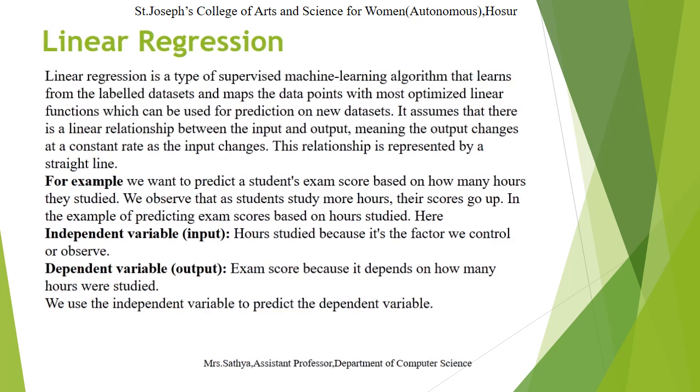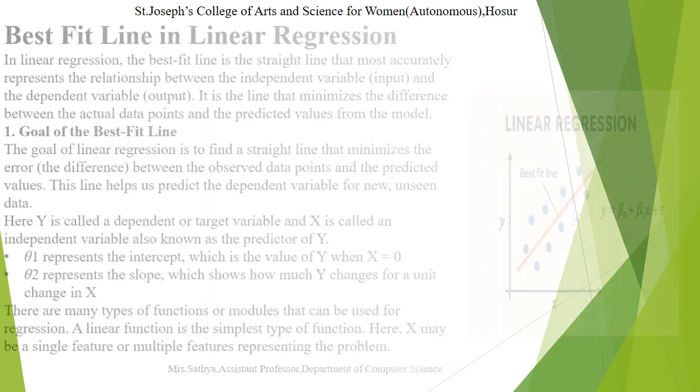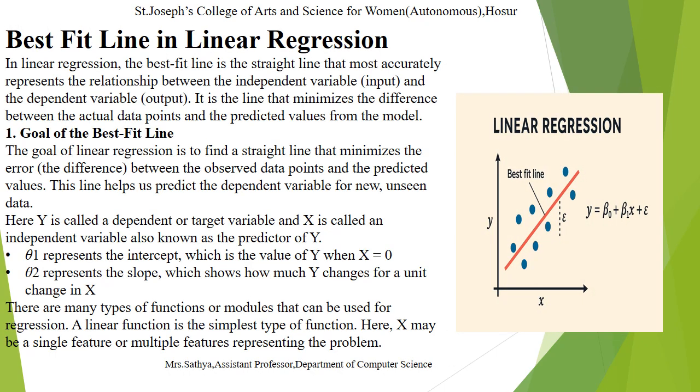The next one. In linear regression we draw a straight line through the data points, but not just any line. We draw the best fit line. It's not a simple line; only for the best fit will it go like a straight line.